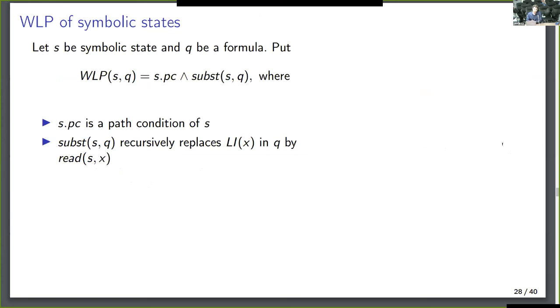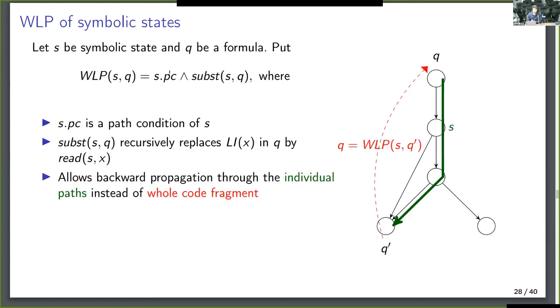And our contribution is the new formulation of this weakest liberal precondition by exploiting the results of this symbolic execution. If we compute the weakest liberal precondition like this, we recursively replace every lazy instantiated allocation in the formula Q by reading these results in the state S and then conjoin the path condition of the state, we actually obtain the correct weakest liberal precondition, which possesses two good properties.